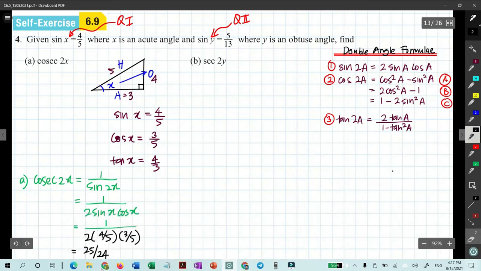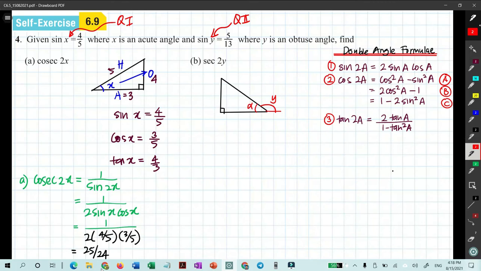Okay, next. For question B, we need to find the value of secant 2y. Let's construct a triangle to represent angle 2y. Since the angle is in the second quadrant, the triangle is going to be something like this. This is the location of angle y, and alpha is the corresponding reference angle in the first quadrant.